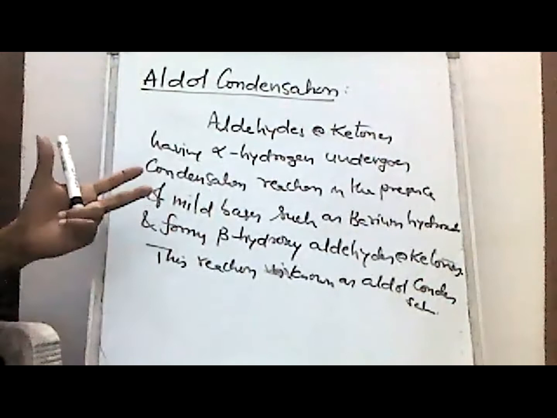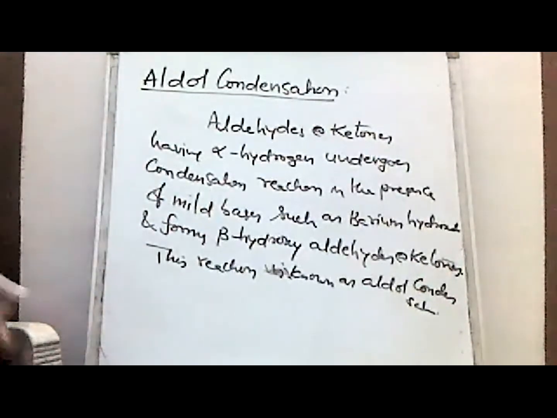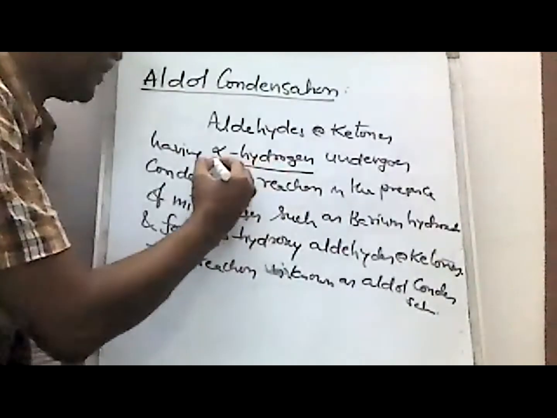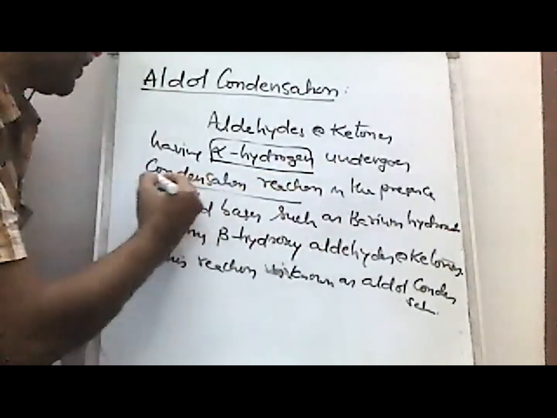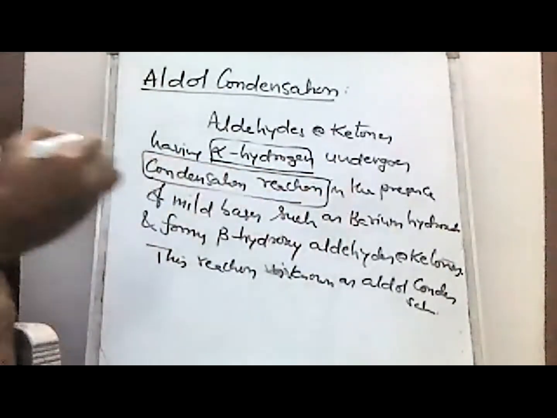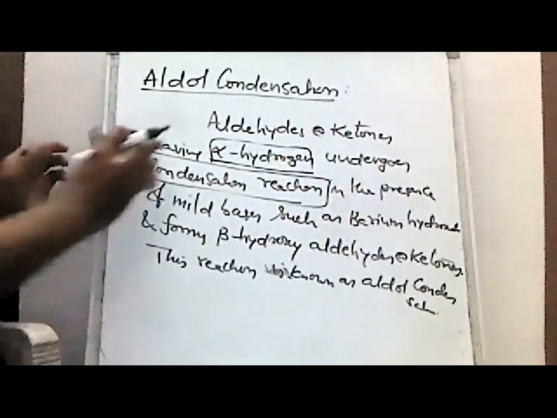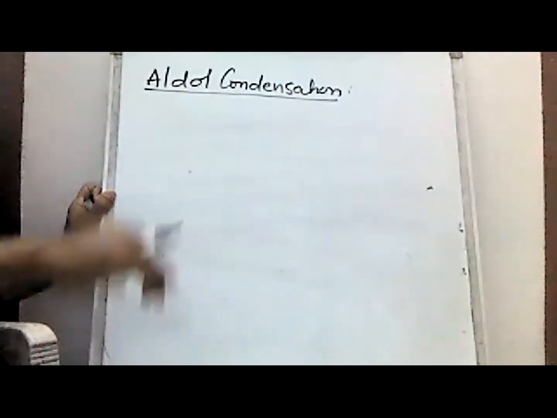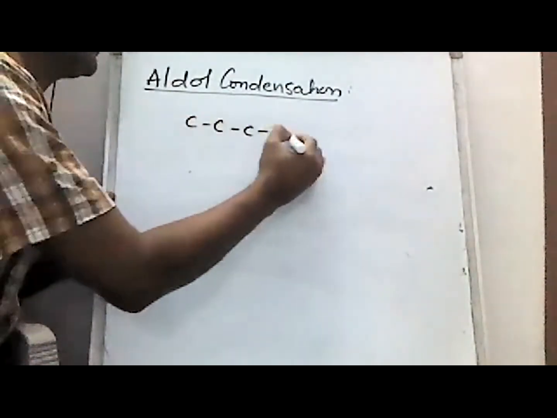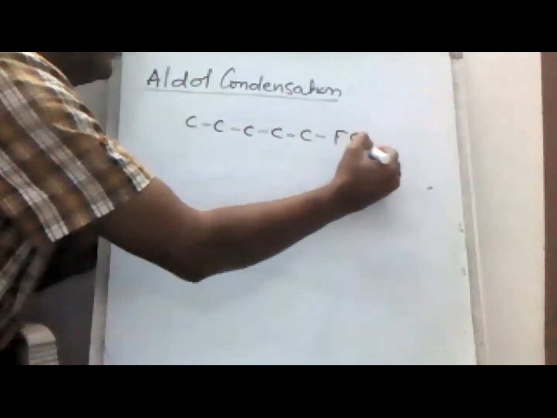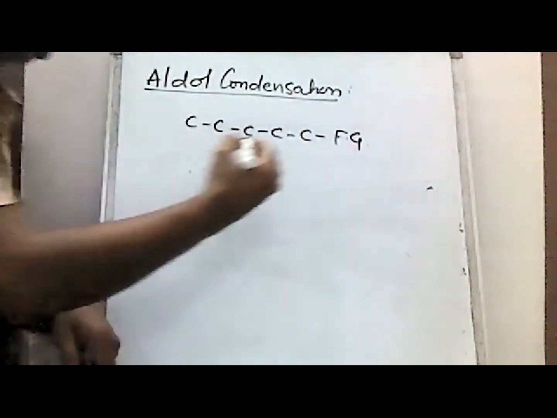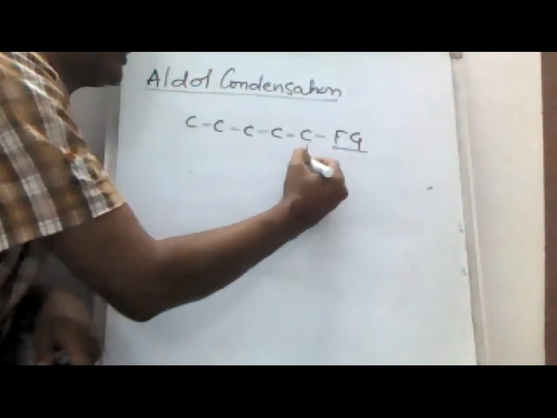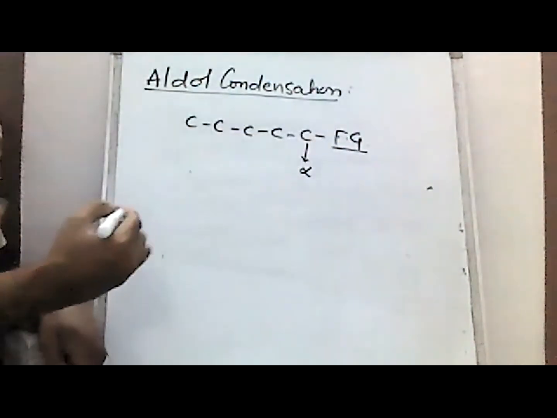Before going to this aldol condensation, we need to know first what is an alpha hydrogen and then what is a condensation reaction. What is an alpha hydrogen? You see, in a carbon chain, if a functional group is there, then the carbon adjacent to this functional group we are calling the alpha carbon.